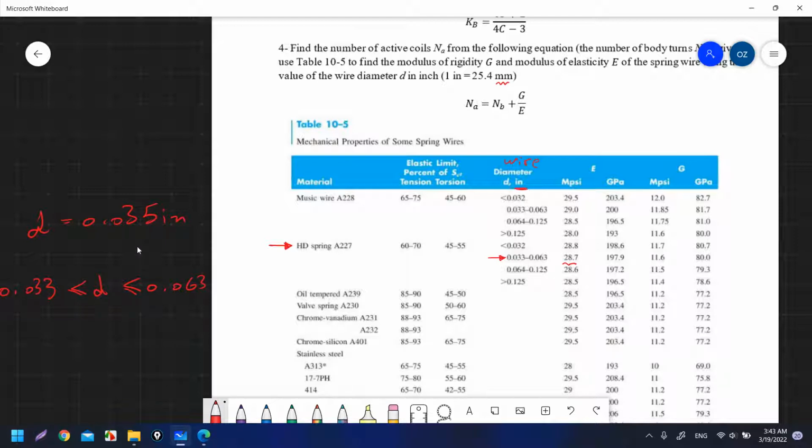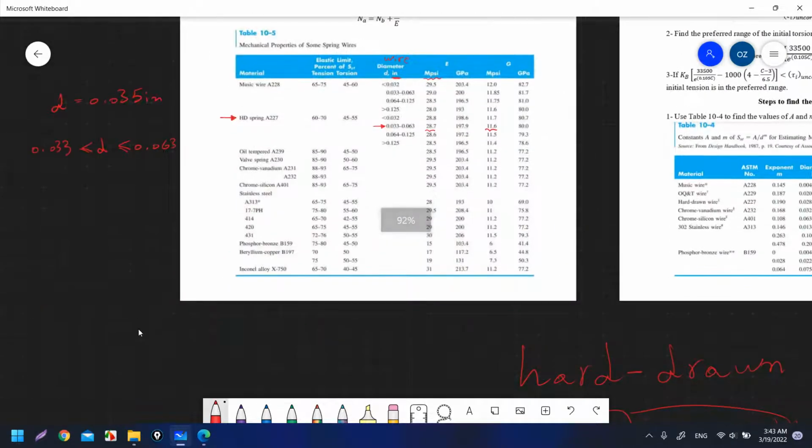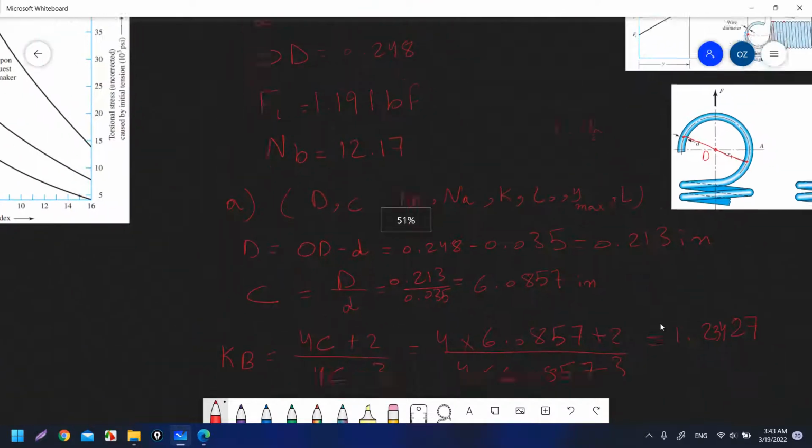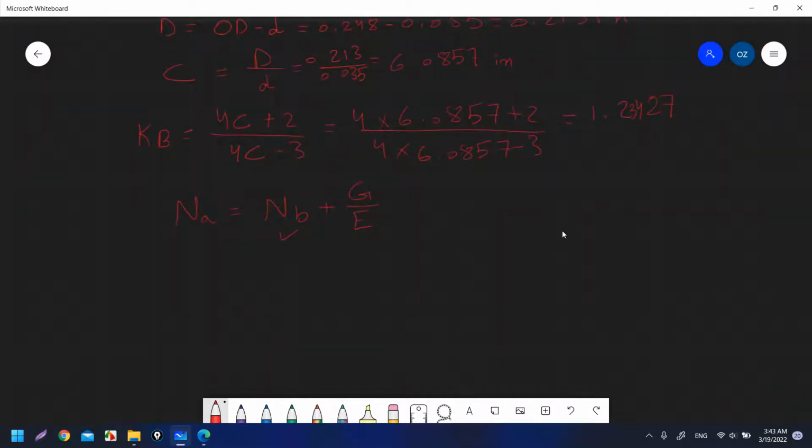I will use this one because I am dealing not with SI units, but with the customary units. So we have E in mega pound per square inch, 28.7, and for the modulus of rigidity G, I will take 11.6. So let's find NA. We got E equal to 28.7 mega pound per square inch, and G equal to 11.6 mega pound per square inch.